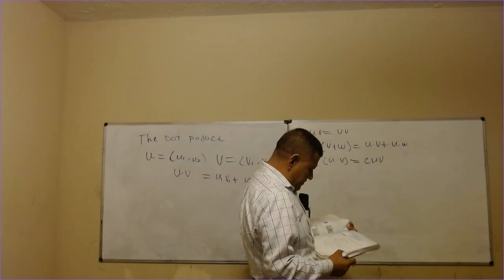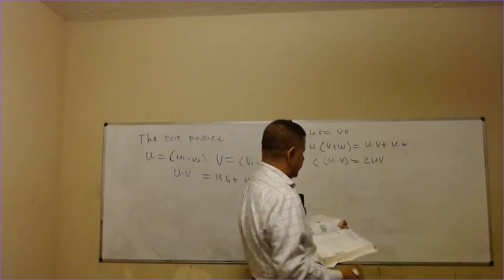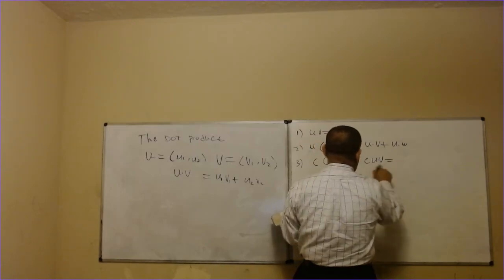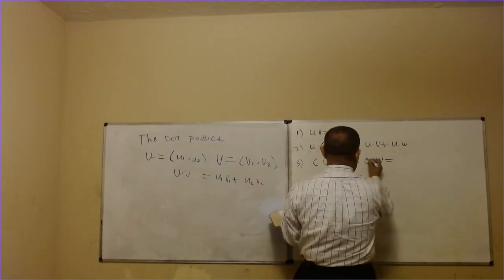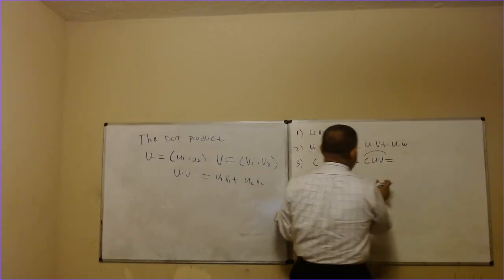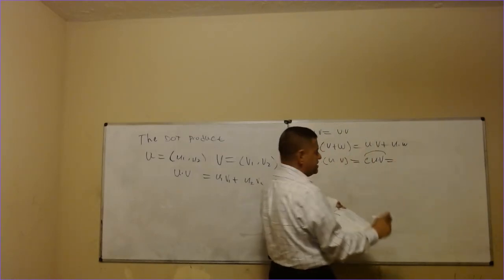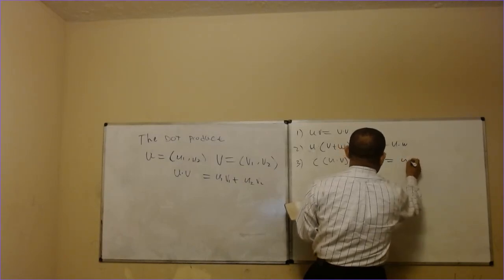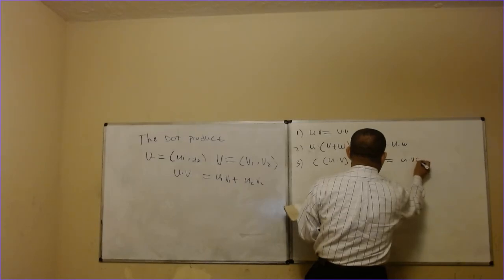Okay, so with that being said, what can I say? If this is multiplied u, is it not the same if I move this up across here? So what they say is this is equivalent to u dot v and c, right?